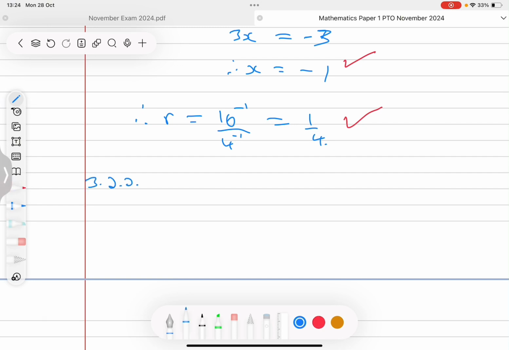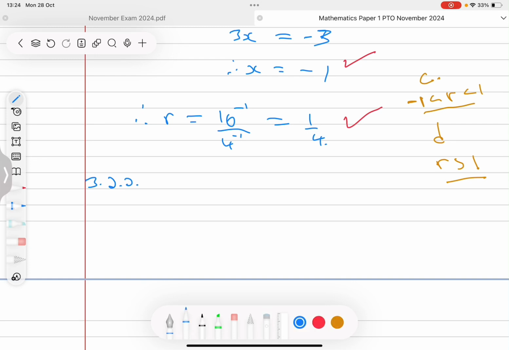Now in order to do this, remember, we know that a convergent series, we see it when our r lies between 1 and negative 1. We say that it is convergent. If it is divergent, you'll find that the r is greater than 1, right? So if you look at our r here, it is between -1 and 1, right? So this series must be convergent.